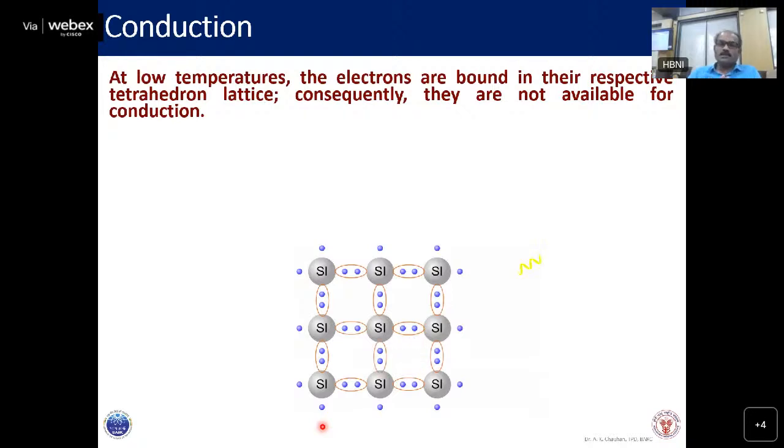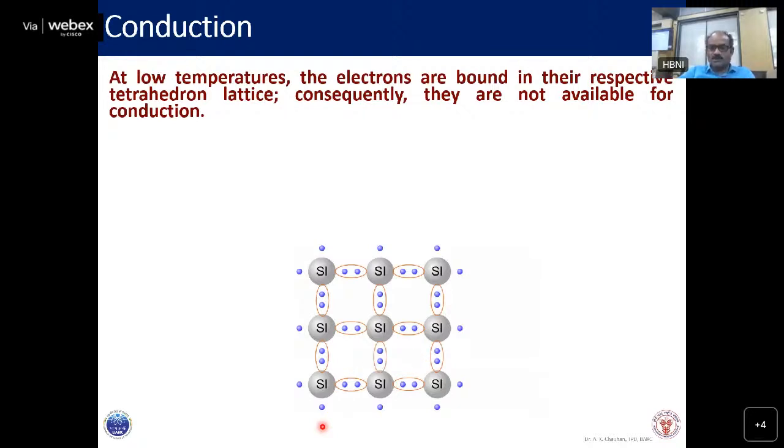As we saw in the beginning, in order to have conduction of electrons, you need to have free electrons first. Now in the case of all these materials, be it gallium arsenide, which is a 3-5 compound, one extra electron from the 5th group has been taken by the 3rd group.